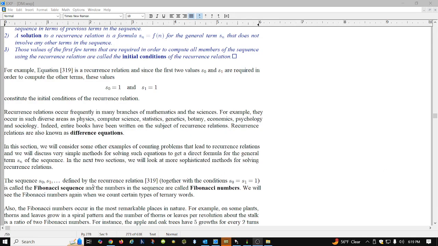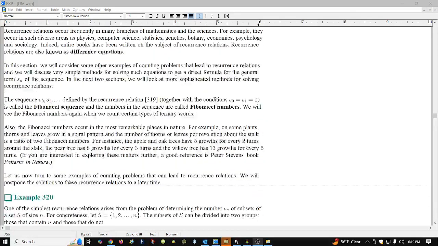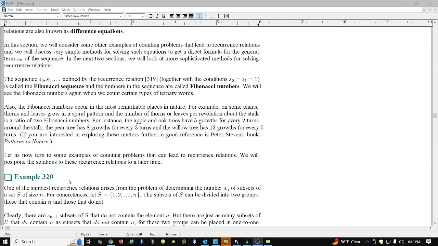The sequence S sub n that we've been looking at here, the rabbit sequence, is, as you've guessed by now, called the Fibonacci sequence. And the numbers are called Fibonacci numbers. And we're going to encounter them again. They're remarkable numbers. As a matter of fact, the Fibonacci numbers occur in some remarkable places in nature.